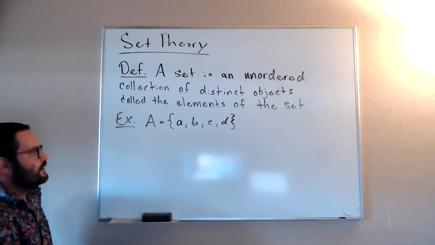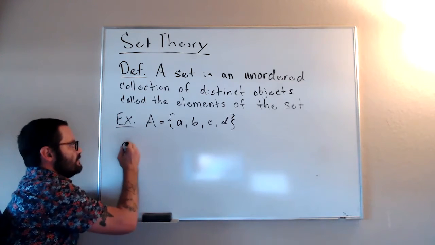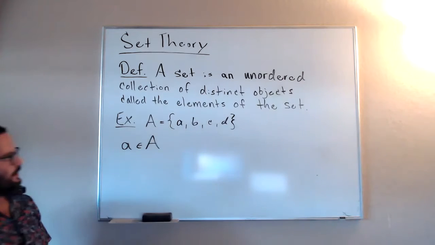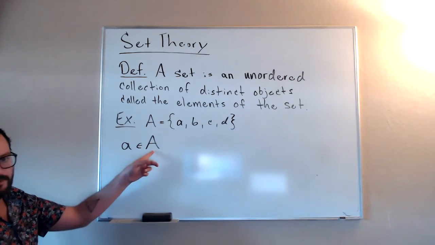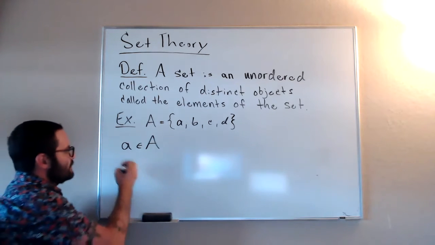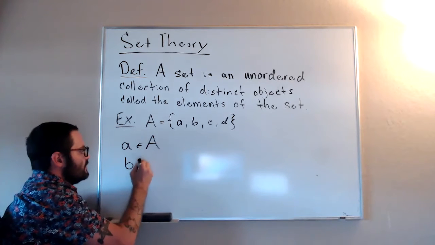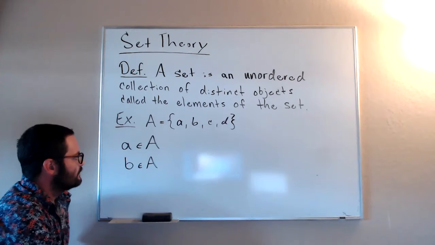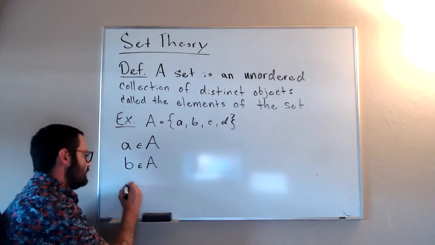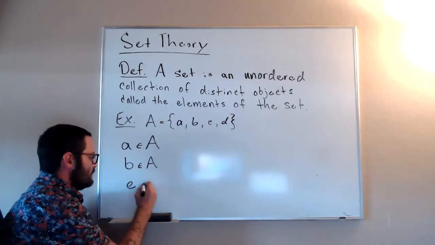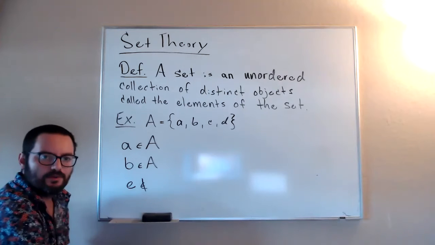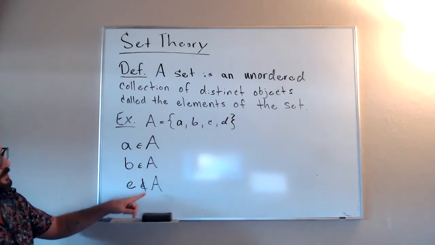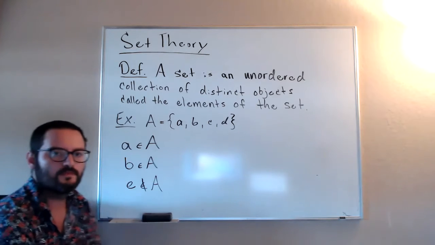And we can write that using the notation that we've seen before: a is an element of the set capital A. Here also, b is an element of the set A. Also, we can use the notation an epsilon with a cross through it to denote that e is not a member of A.